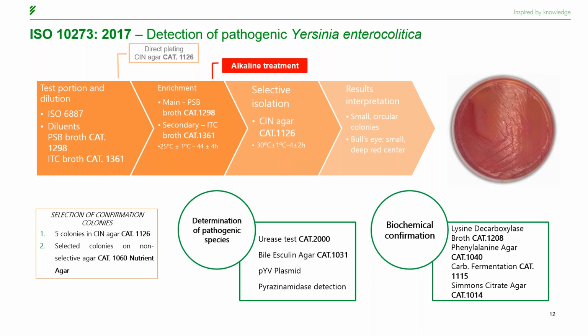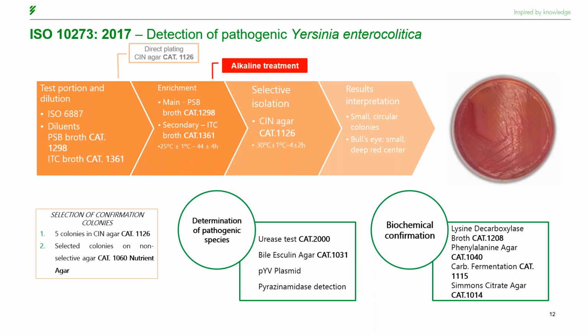On CIN agar, pathogenic Yersinia enterocolitica appears in the form of small colonies around 1 millimeter or smaller that are circular and smooth in appearance and have a central zone with a well-defined dark red border, usually known as bullseye.